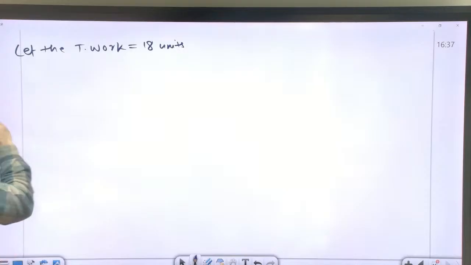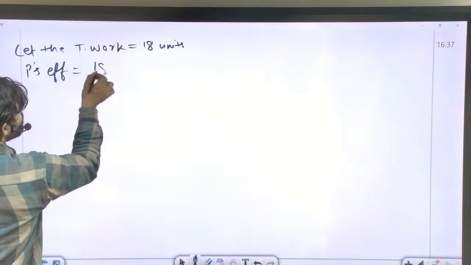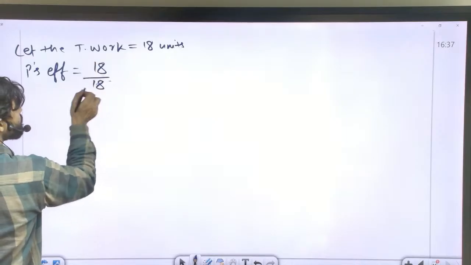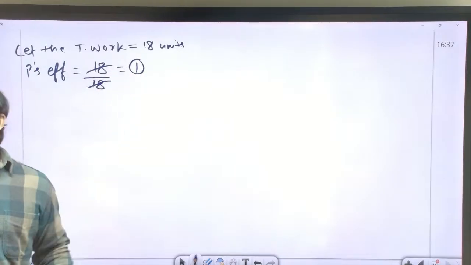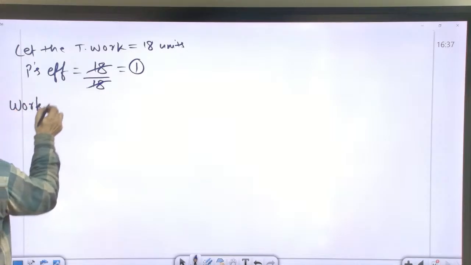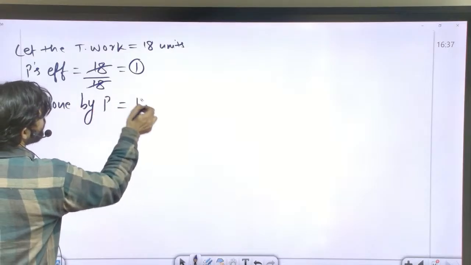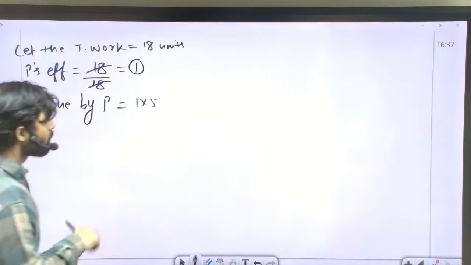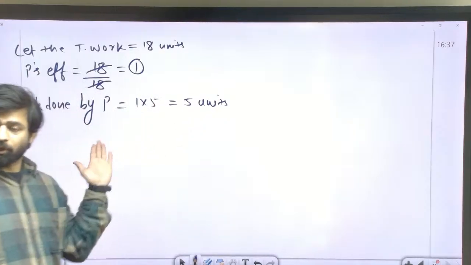So the efficiency of P is 18 units divided by 18 days, which is 1. P worked for 5 days, so the work done by P is 1 into 5, which is 5 units. Any problem?